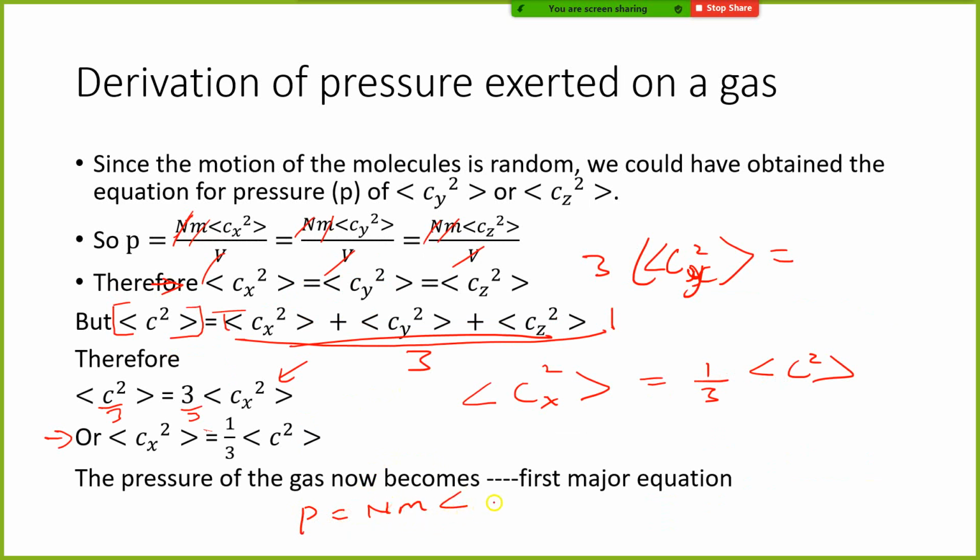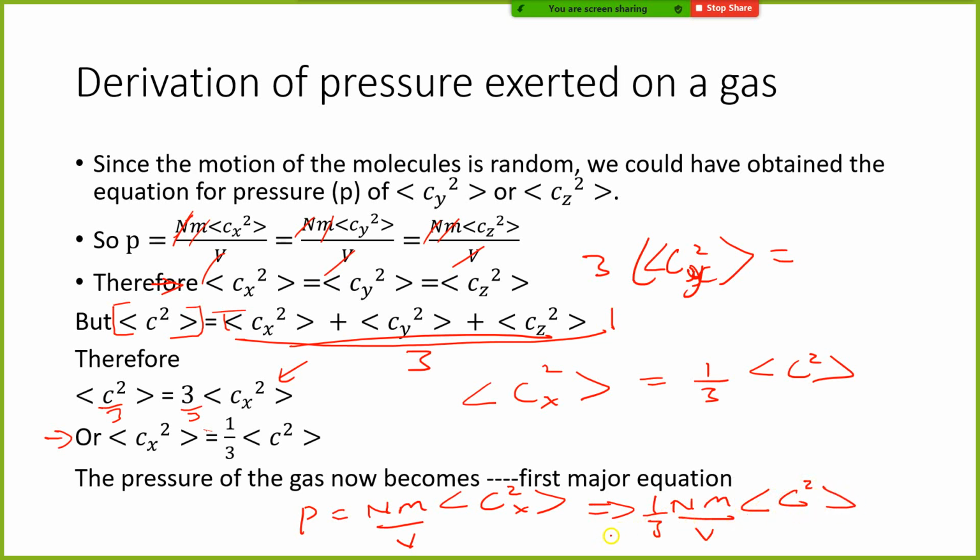By substituting that into the equation that says P is equal to N m, divided, not divided, but times the mean square speed, and when we make that substitution, our total pressure would be equal to N times m divided by V. Let's put 1/3 in front, and then times the mean square speed.